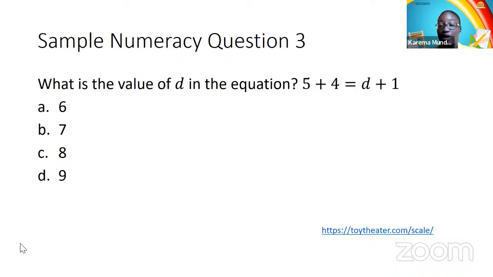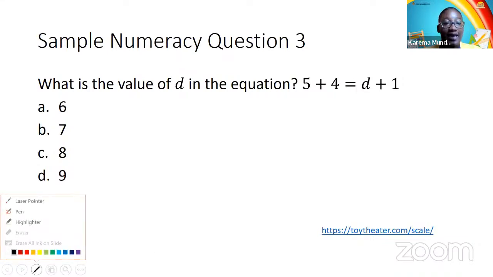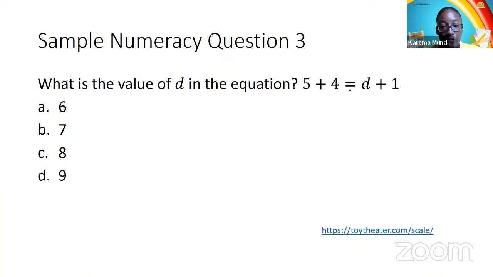All right, students, whenever you see the equal sign, it is saying to you that whatever quantity is on the left-hand side is the same as, or has the same value as, everything that is on the right-hand side. Please stop typing in the chat and listen to what I'm saying, because this is very important. I'm seeing several incorrect answers in the chat right now.